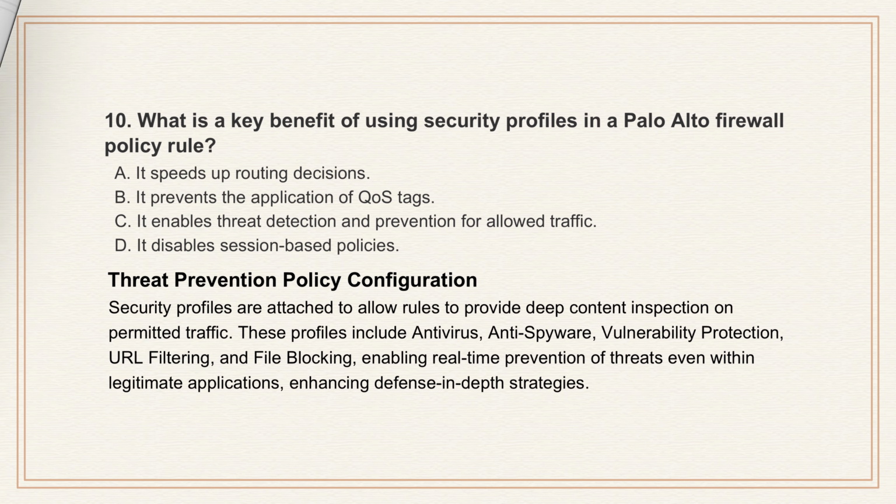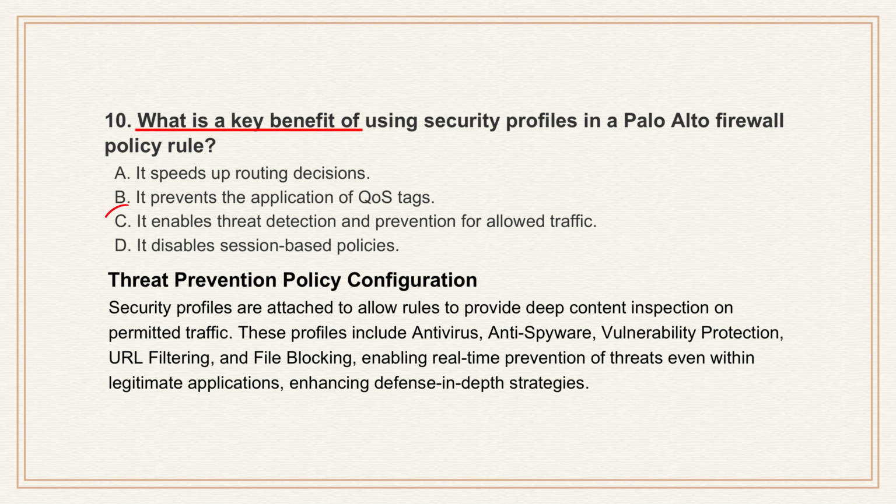Got it. One last piece here, security profiles. The source asks about a key benefit of using these within a firewall policy rule. Security profiles. These are things like antivirus, anti-spyware, vulnerability protection profiles. So what's the main benefit of applying them to a rule? The key benefit highlighted is that it enables threat detection and prevention for allowed traffic. Okay.